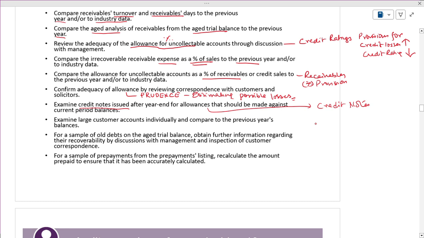Whenever you are purchasing and somebody is selling, you will go back and say that I want to return these goods. They will not pay you cash, no cash back.